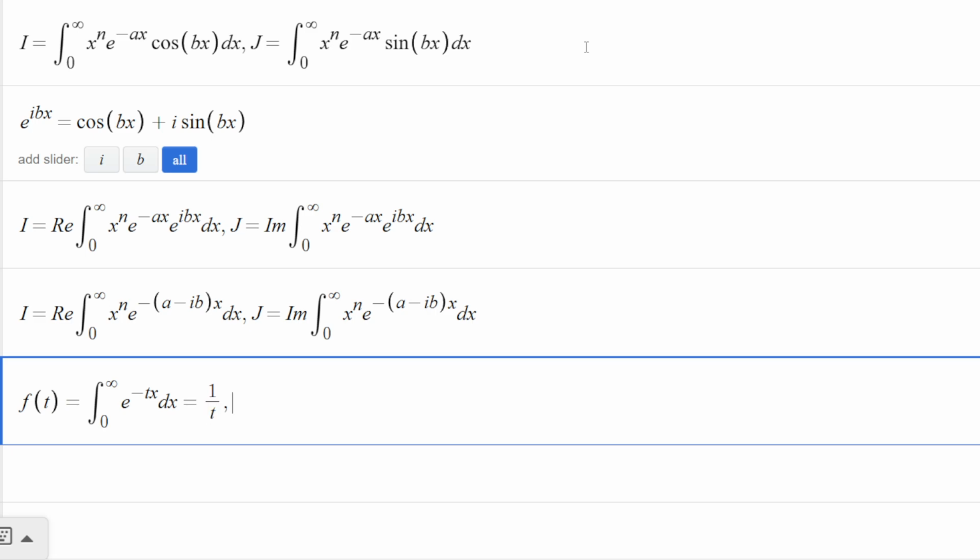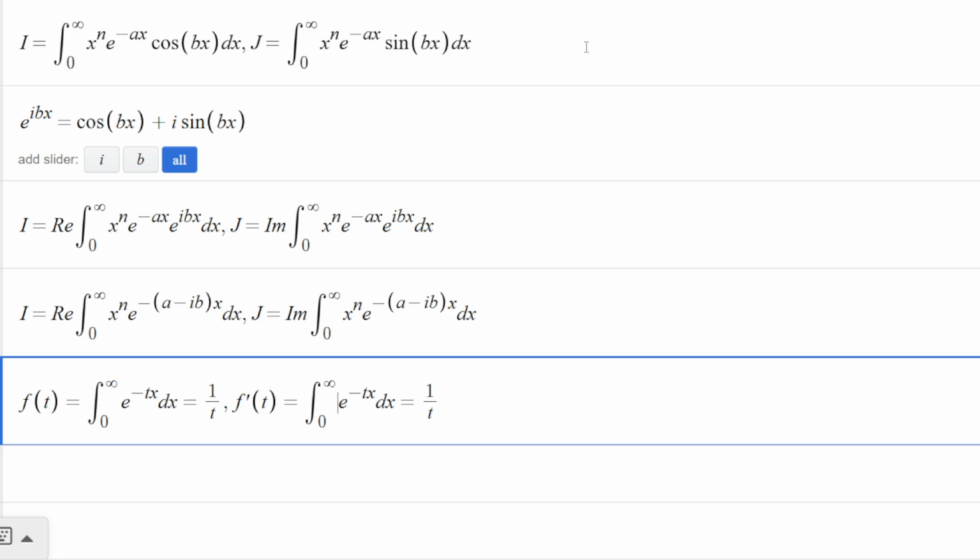Okay, now let's go ahead and take a derivative on both sides. Taking the derivative of this integral, we'll use the Leibniz rule for differentiation under the integral sign, which says we can take the derivative with respect to t directly by taking the partial with respect to t of the integrand and leaving the rest alone.